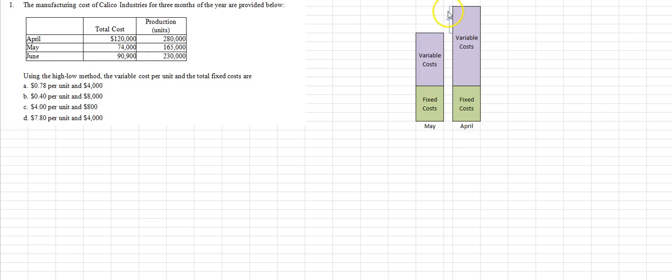So first let's determine what's the increase in cost. Let's put the months here. Let's write them down first. April is the high, so we'll go April, and it was $120,000 for 280,000 units produced.